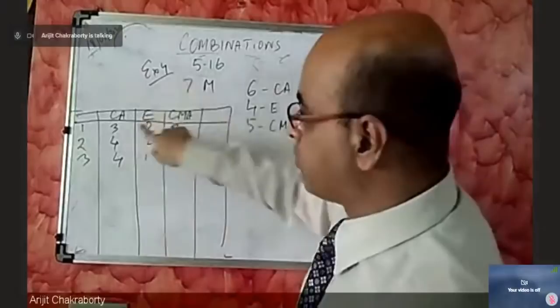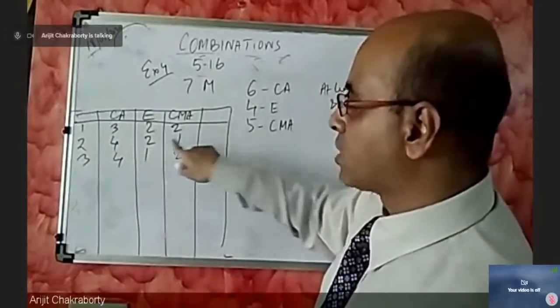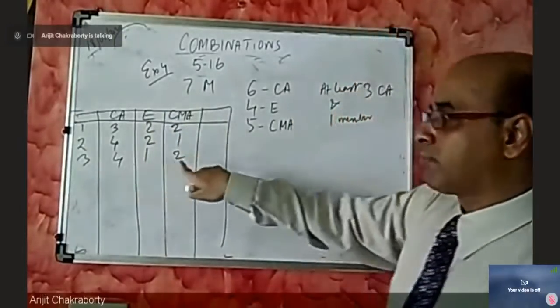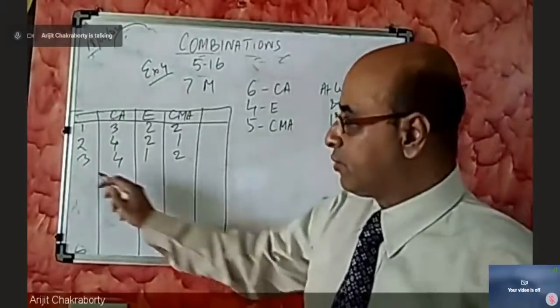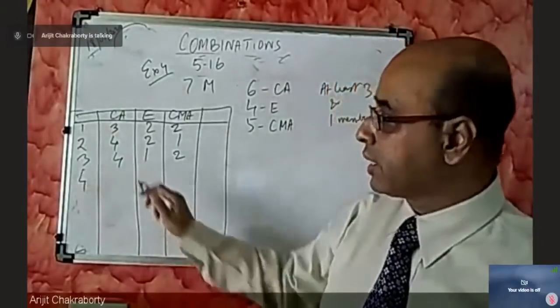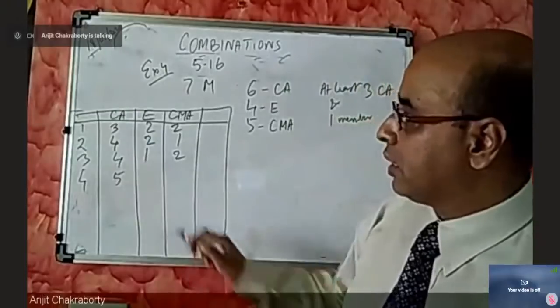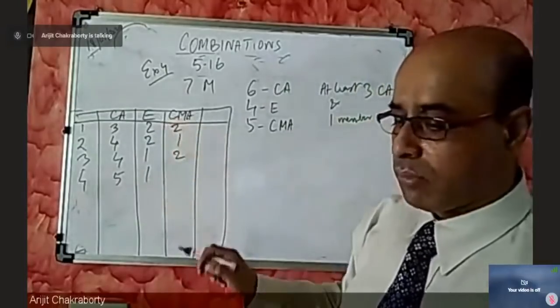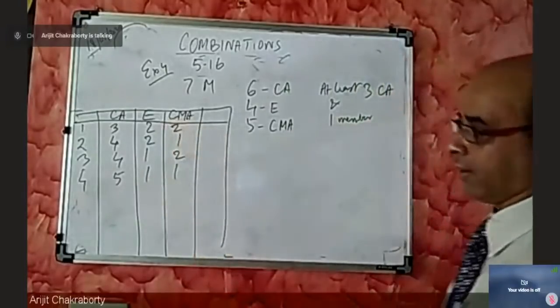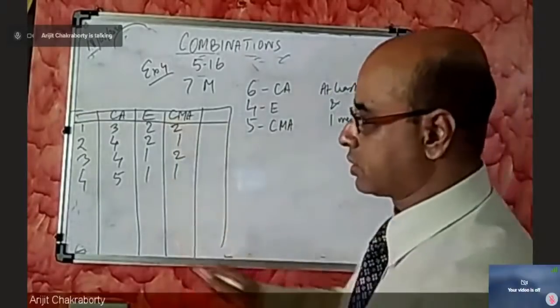Please note, 3 plus 2 plus 2 is 7, 4 plus 2 plus 1 is 7, 4 plus 1 plus 2 is also 7. The fourth method, you can take 5 chartered accountants, 1 economist and 1 cost and management accountant.